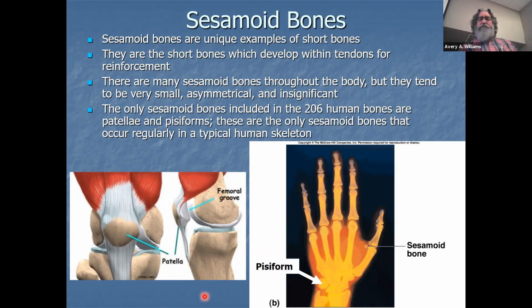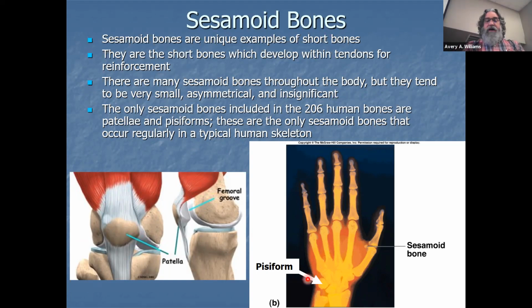Those are some wrist bones, some carpal bones that develop in a tendon in your wrist, and we'll talk about that when we talk about the carpal bones. These are the only sesamoid bones that occur regularly in a typical human skeleton, and so we count them. In most mammalian skeletons, they have these bones.